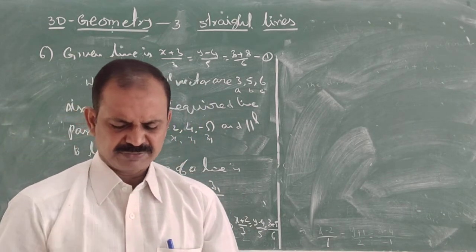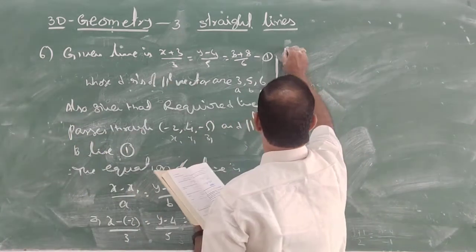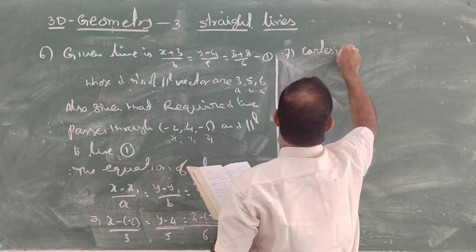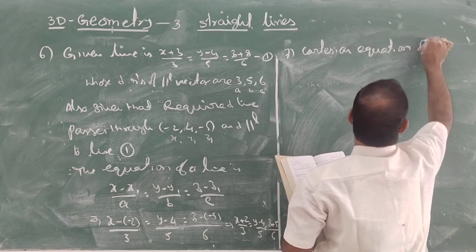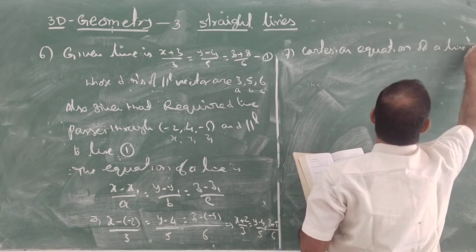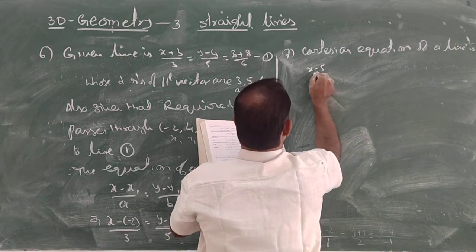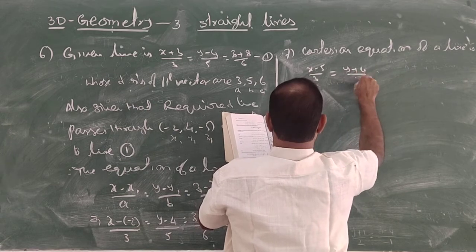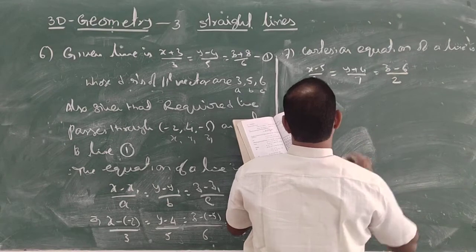Coming to the seventh problem. The Cartesian equation of a line is x minus 5 by 3 is equal to y plus 4 by 7 is equal to z minus 6 by 2.